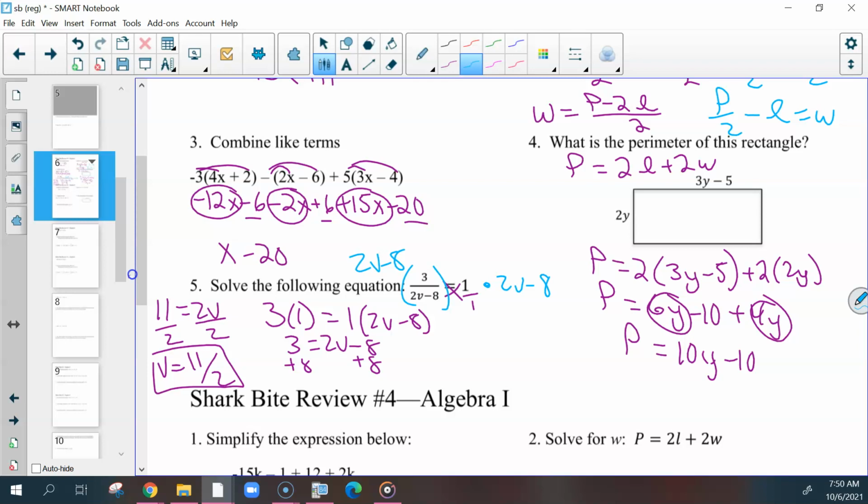And then you want to multiply it on the right, kind of getting this exact same thing. So either or would have worked. And then solve for v, and you should have got a fraction or decimal, 11 over 2 or 5.5.